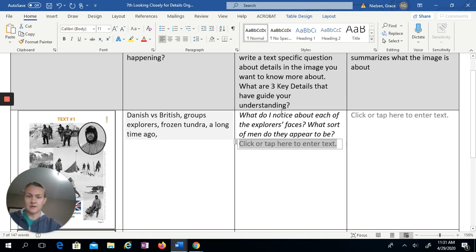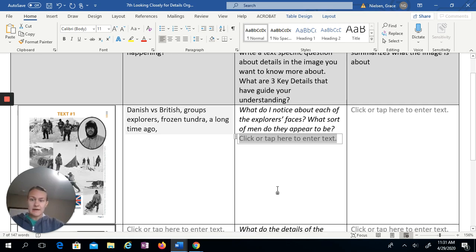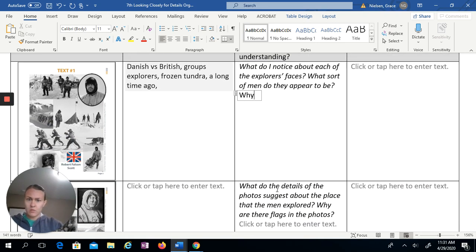Okay, so now we can ask some questions. Now they already wrote some for us, okay? What do I notice about each of the explorers' faces? What sorts of men do they appear to be? Why are they exploring this frozen tundra, right?